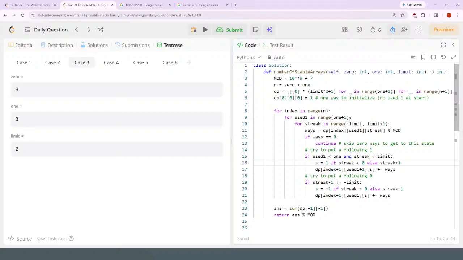If the streak is less than 0, else the streak increments. Or else take the value of the streak plus 1, put into dp index plus 1. I use number of ones plus 1. And then the streak is going to be 1 or streak plus 1.